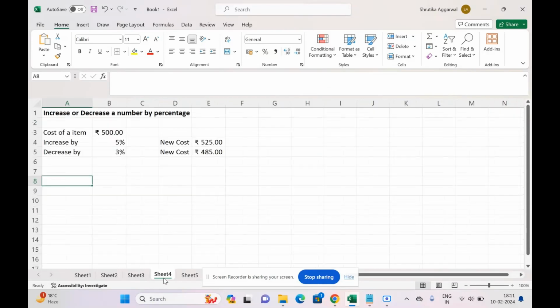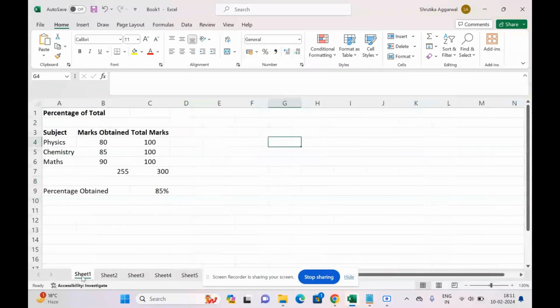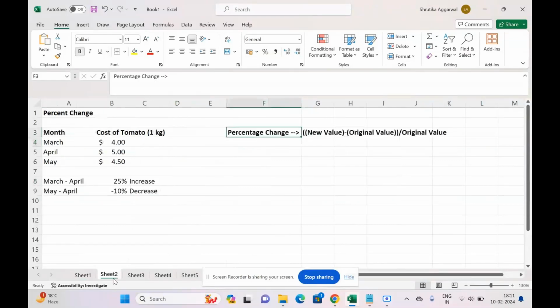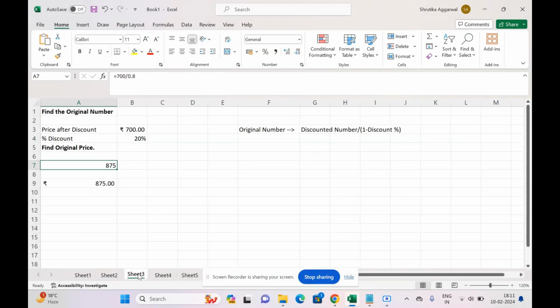That's all for this video. I hope it is clear. Just for summarization, I will again discuss whatever we discussed today. The first scenario was how to find the percentage of total. The second scenario was to find the percentage of change between two numbers. The third scenario was to find the total when you know the changed amount and the percentage, and you have to find the original number.